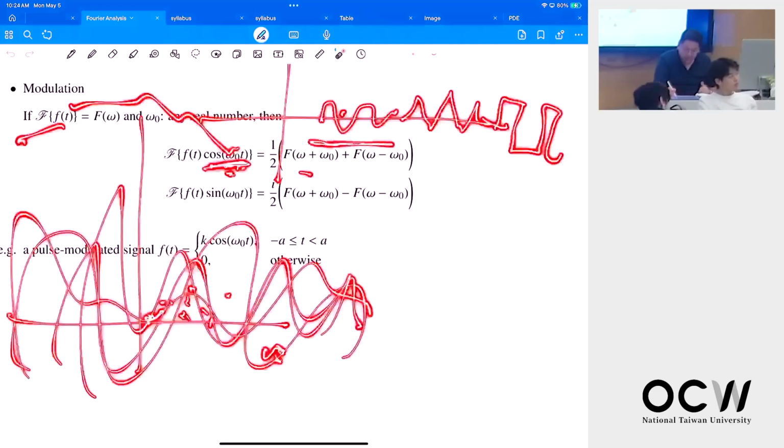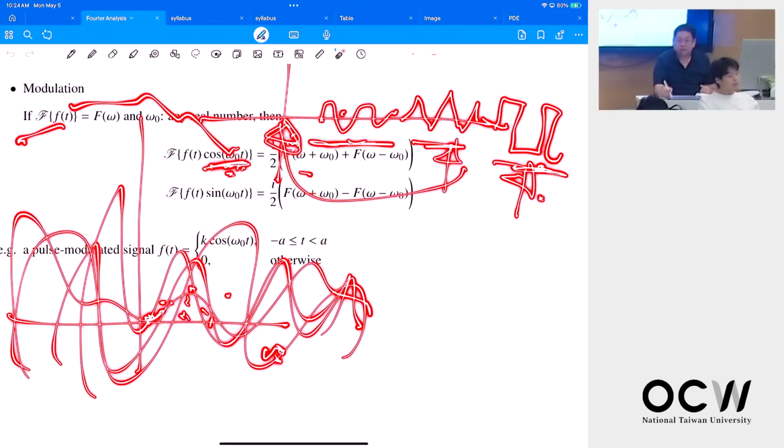So I can extract and analyze those signals separately, and you can do something with that. And later on, you can multiply by the cosine, and then they will go back to your baseband. So that's why a lot of the time we need to do the modulation, because after doing the modulation, you can really analyze each signal.